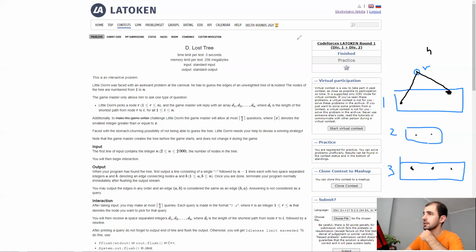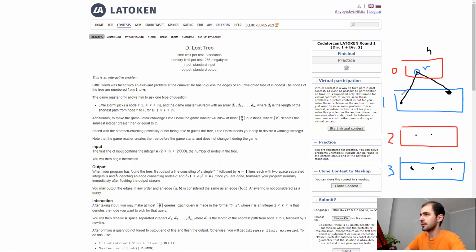More specifically, there is a very easy bipartite structure that you can see on this picture already. All even numbered layers form one part of the tree, and all odd numbered layers form the other part.